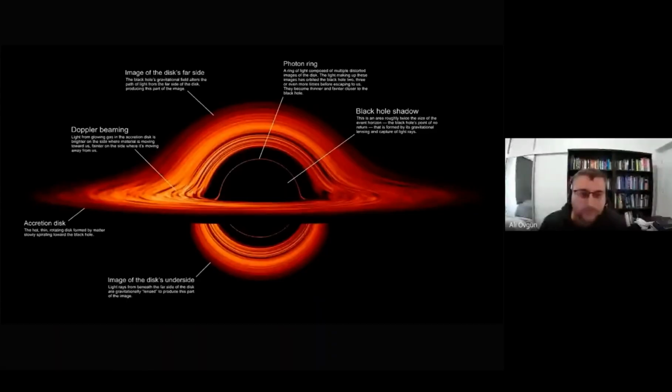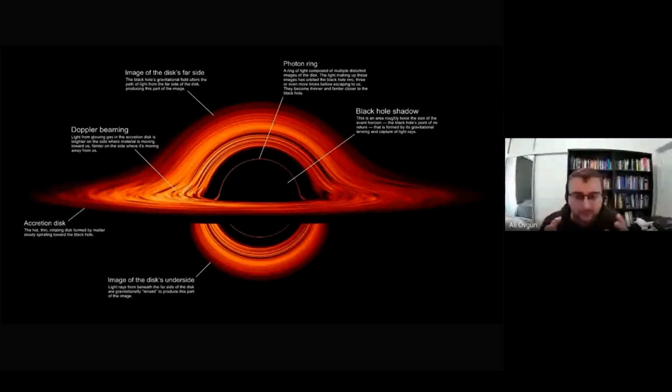And there is also the photon ring around the black hole, a ring of light composed of multiple distorted images of the disk. The light making up this image has orbited the black hole two, three, or even more times before escaping to us, and the rings become thinner and fainter closer to the black hole. And then what happens?